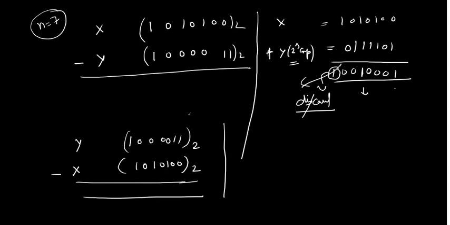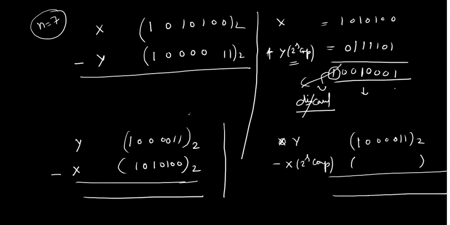And once there is no carry, whatever answer you get, you have to do this. I'm just explaining the steps. You have to write Y like this. You have to write the 2's complement of X here, add it. You will see there will be no carry.